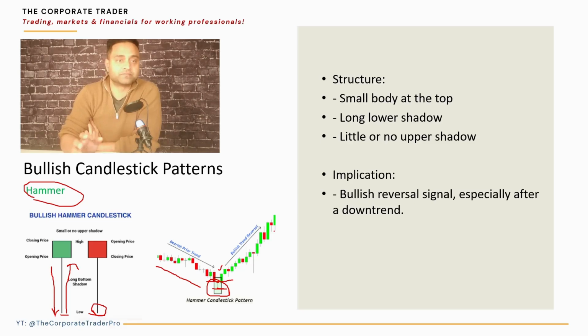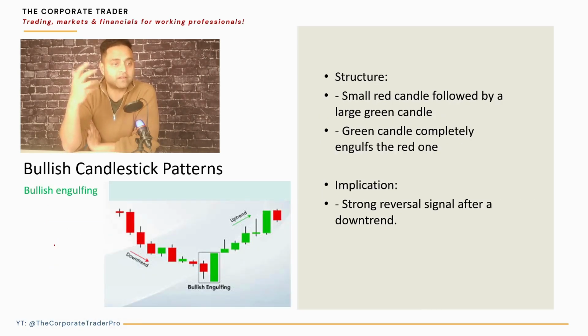You will also understand the same theory with another example, and here is an example of a bullish engulfing candle. If you don't know it, I will just quickly explain.